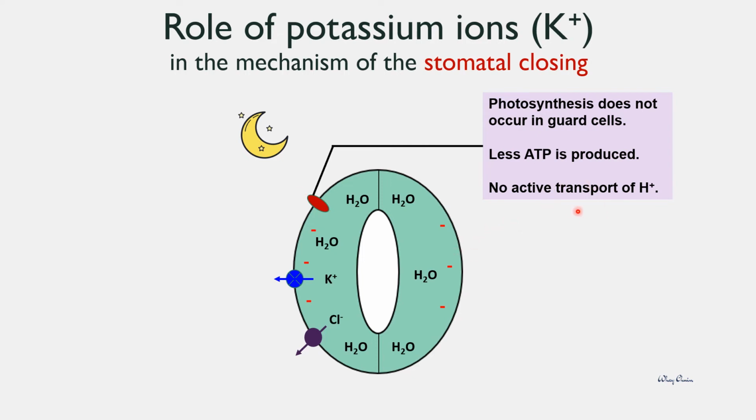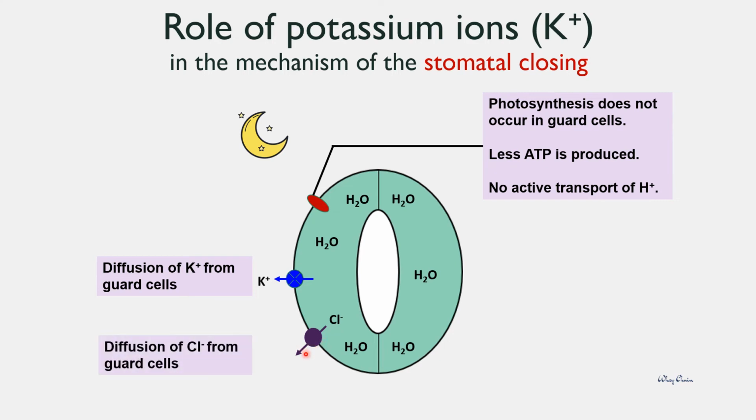When the hydrogen ions are no longer actively transported out of the cell, it will cause the inner membrane of the guard cell to become less negatively charged, and this causes the potassium ions to diffuse out from the guard cell, and it will also cause the chloride ions to diffuse out from the guard cell.